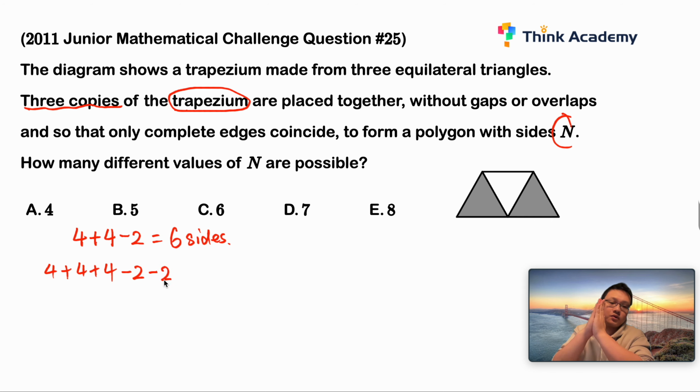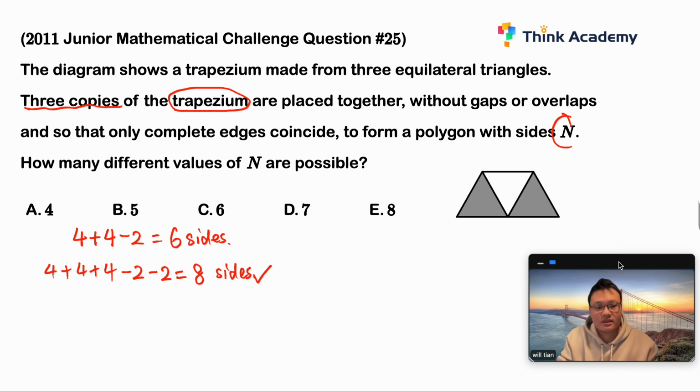So 4 plus 4 plus 4, you got 12. 12 minus 4, you got 8. So that means at most, if you put 3 of these copies together, you're gonna have 8 sides.